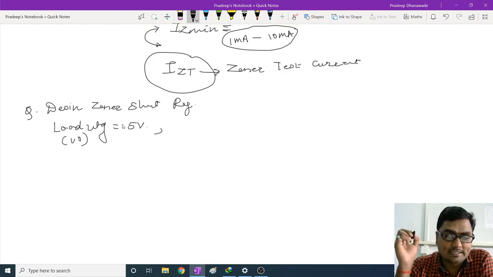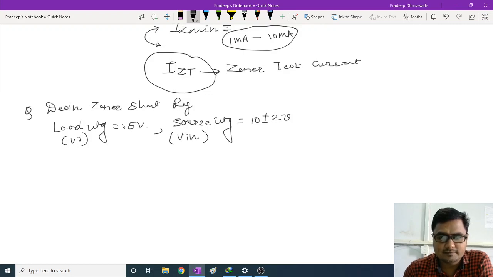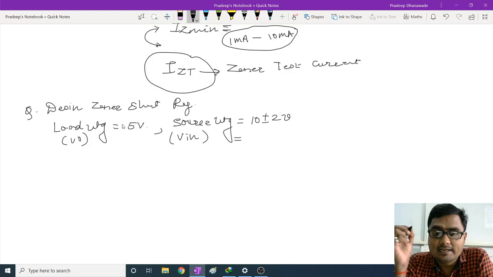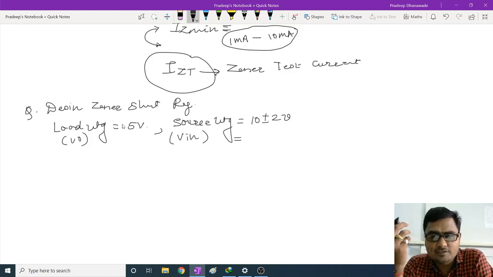Then source voltage, look at this. Source voltage is 10 plus minus 2 volt. Source voltage means they are talking about input voltage. What does 10 plus minus 2 volt mean?